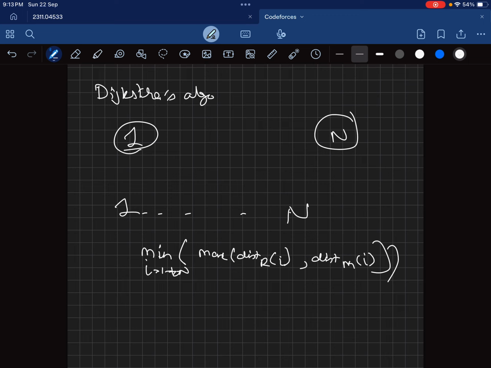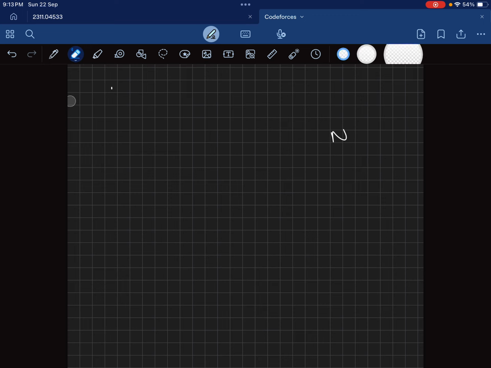But now we have horses on some vertices, and that will decrease the time.